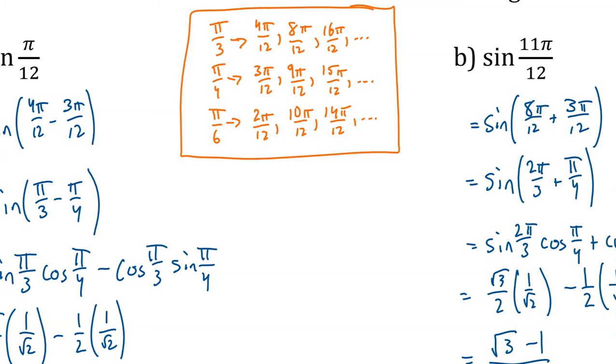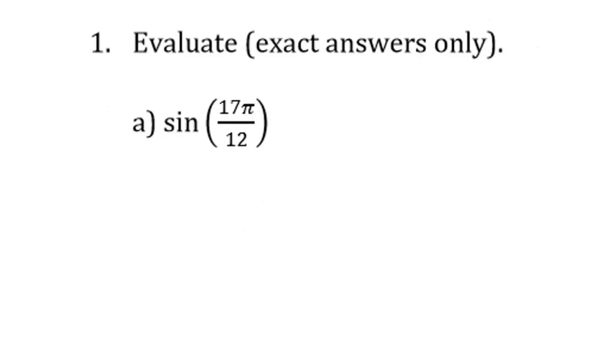We're really just looking at the numerator, the pi over 12 part we can kind of ignore. So I'm looking for 2 numbers in that list that add or subtract to 17, and I'm going to use sine of 8 pi by 12 plus 9 pi by 12. 8 plus 9 is 17.